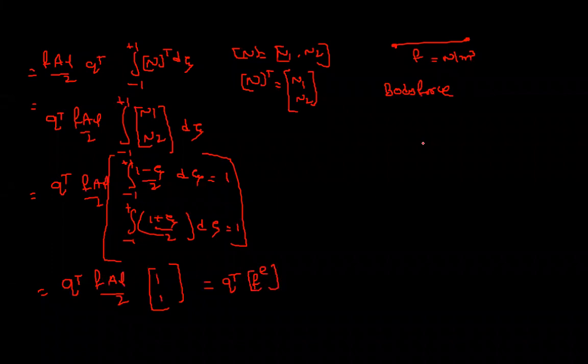So here the Fe, body force for an element, can be defined as equal to small f suffix b into area into L by 2 into 1 comma 1. So this is the formula for the body force. If the element is subjected to the body force F, then you need to find out the body force matrix for a particular element.